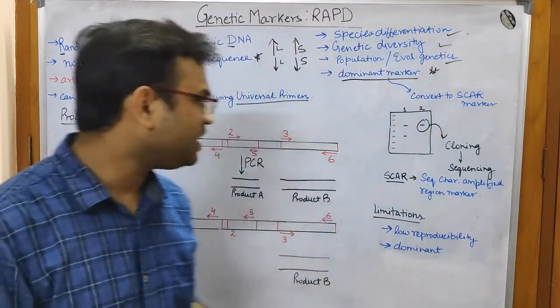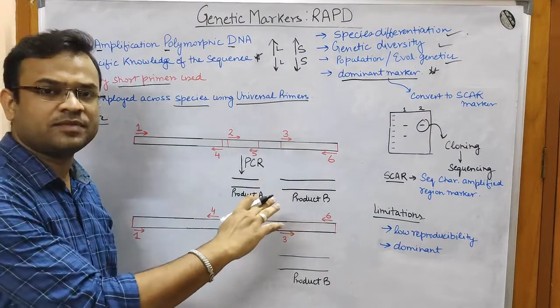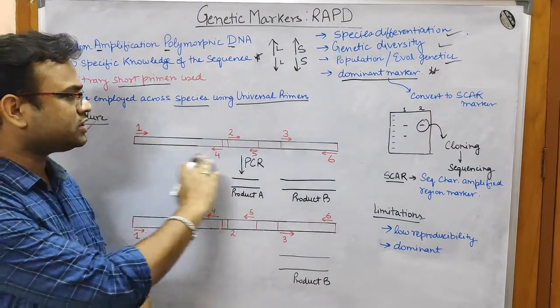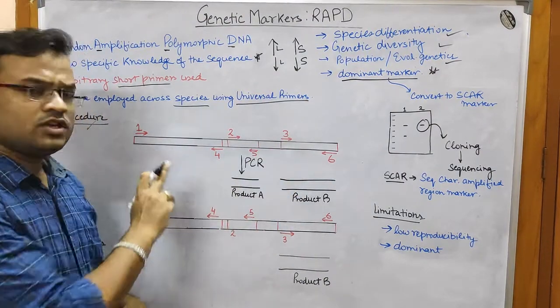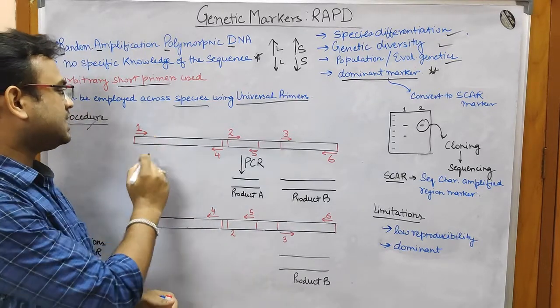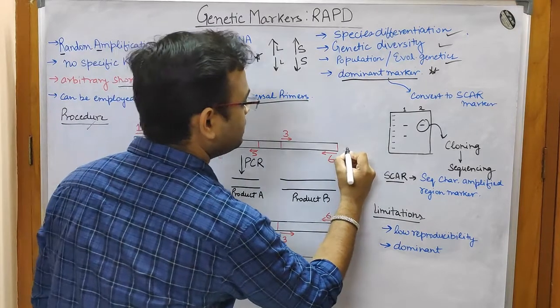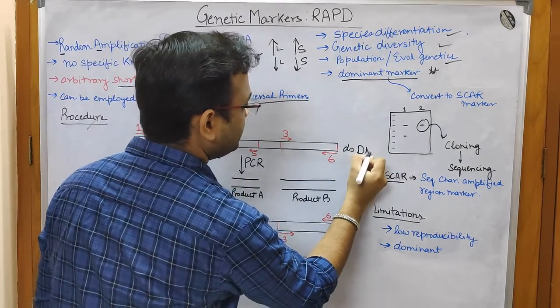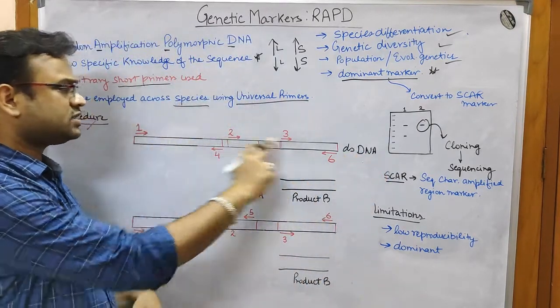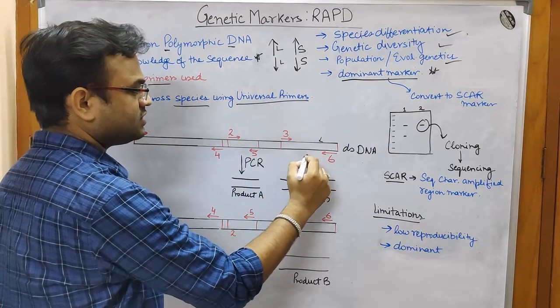In this RAPD, we have this DNA fragment with us. You have to just focus on the fact that this fragment is double stranded DNA. This is the first strand, this is the second strand.